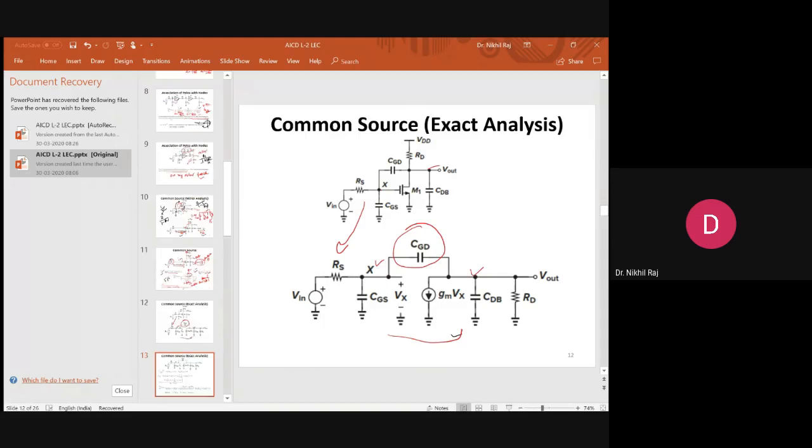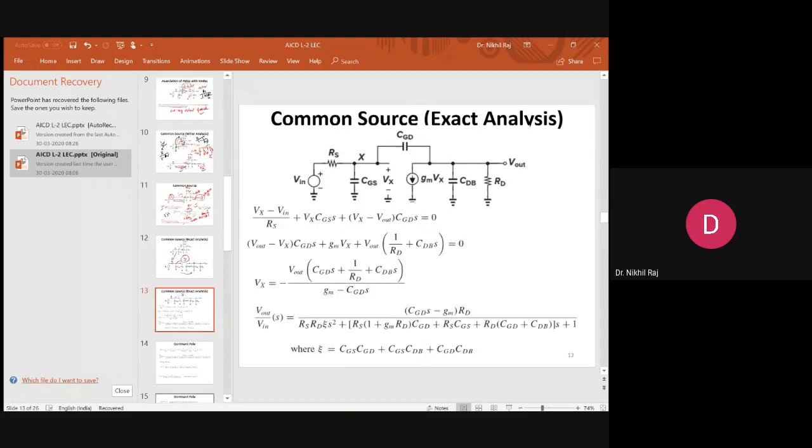Now when we write the equations, the first equation is at the input node: Vx minus Vin by RS, this term, then this one, and then this one. Three terms will come here. Then at the output we write the second equation, with a first term, second term, third term, and fourth term. Now in both equations Vx is common.